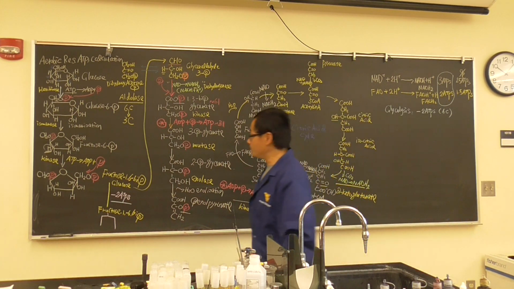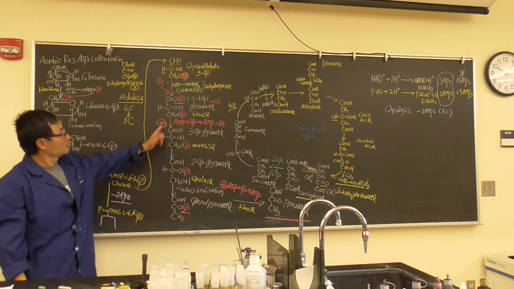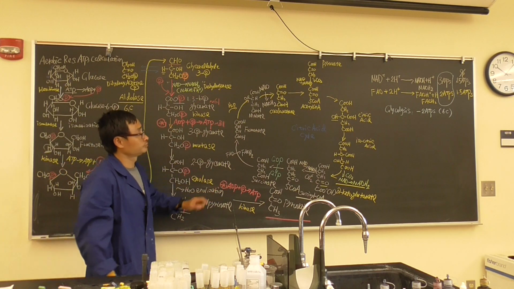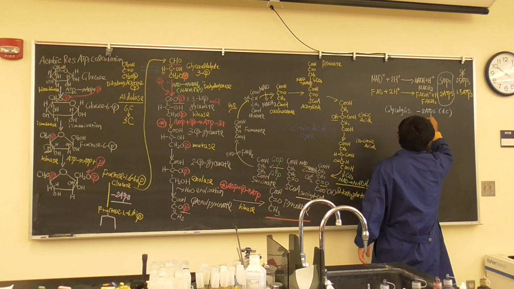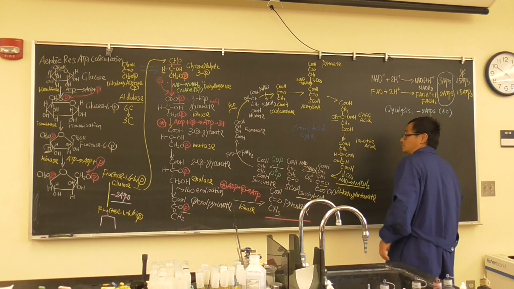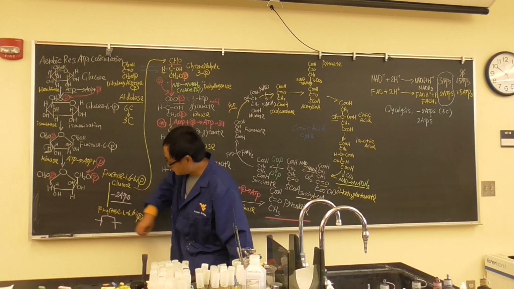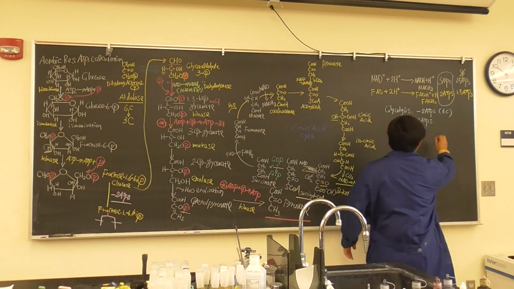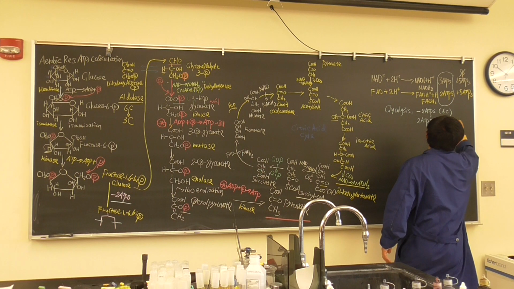In the 3 carbon area, how many ATP generated? 3 substrate level phosphorylation. 1 and 2. Okay, so there is 2 ATPs generated through substrate level phosphorylation. But don't forget, this is a branch. So you have to multiply by 2. Equals 4 ATPs.